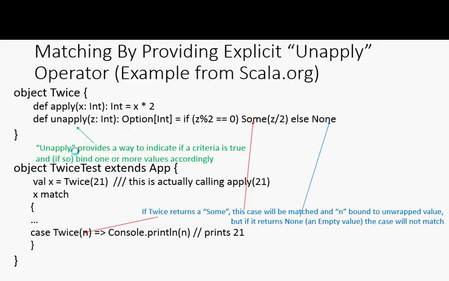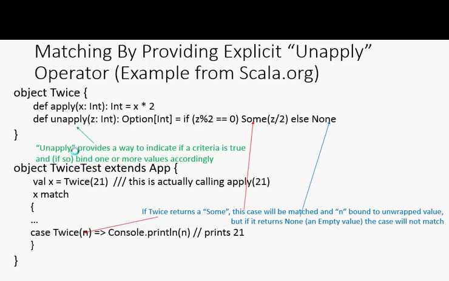And it's going to run unapply, and if it gets back a Some of something, it succeeds. If it gets back something that's None, it fails, and we'll go on to the next case. So in each of these, it's running unapply. Twice of n, it's running unapply. If it gets back a value Some of, say, 21, n is bound to it, and then we use n. So that's how unapply works.